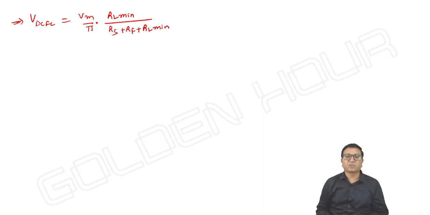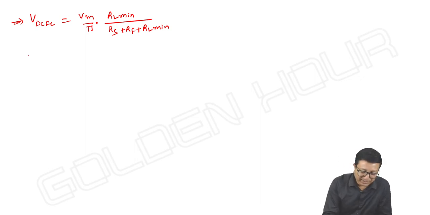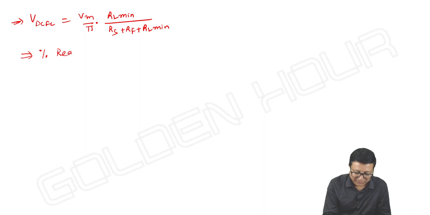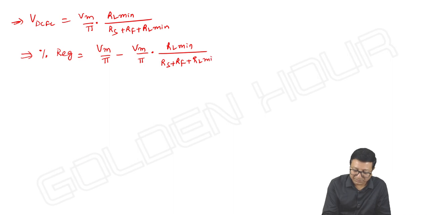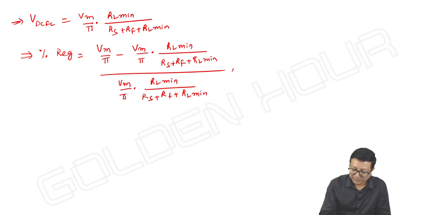Here I cannot write RS plus RF is far less than RL minimum, earlier RL maximum I could say. Then the percentage regulation is equal to no load voltage Vm by pi minus full load voltage Vm by pi into RL minimum by RS plus RF plus RL minimum, divided by Vm by pi into RL minimum by RS plus RF plus RL minimum, into 100. I can cancel Vm by pi both sides.